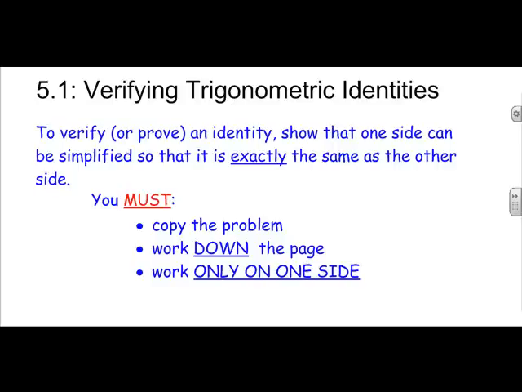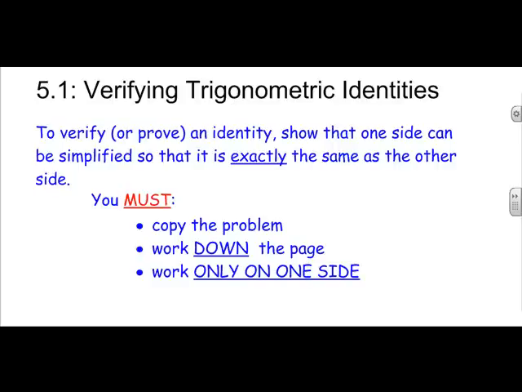Now, I am very picky about how I want these done, and there are good reasons for how picky I am. It is really important that you start by copying the original problem down on your paper. Then you want to work down your page, and you're only allowed to simplify one side of the equation. Your job is to work on that one side and make it look like the other one.